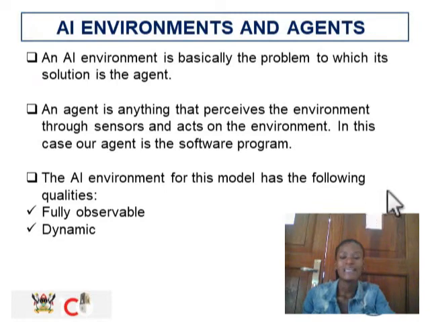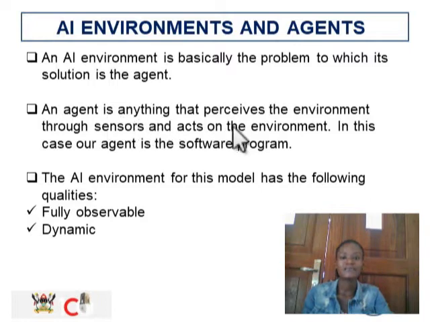An agent can't work without the AI environment. So an agent perceives the environment through the sensors, and then it acts on it through the actuators. Alright, for our project, I stated it here.